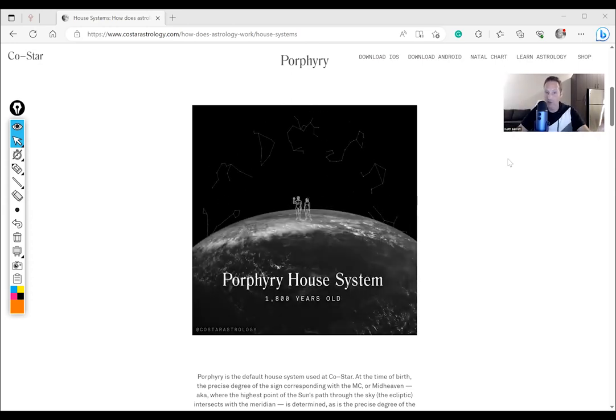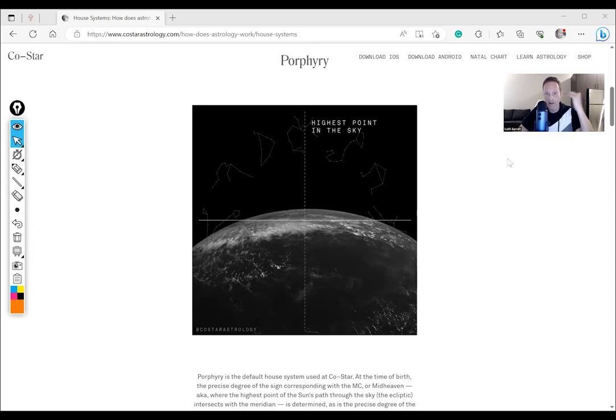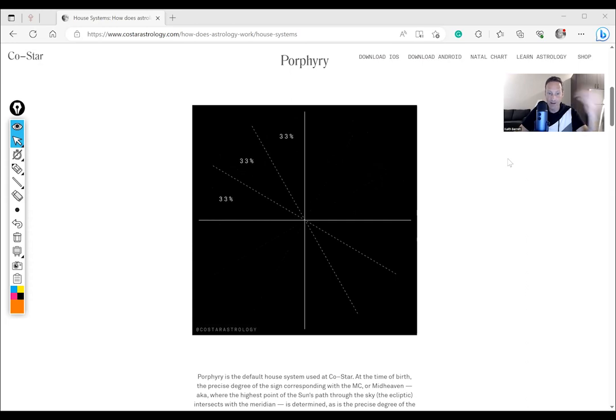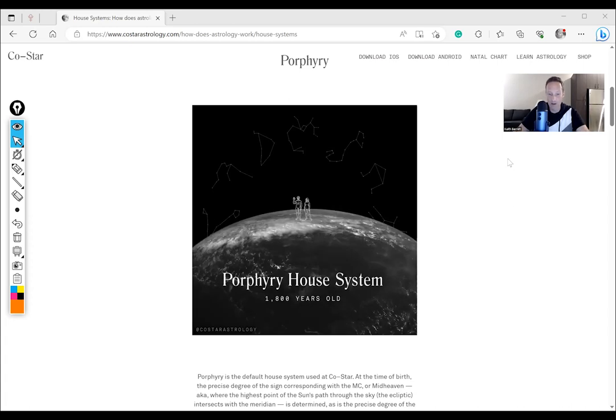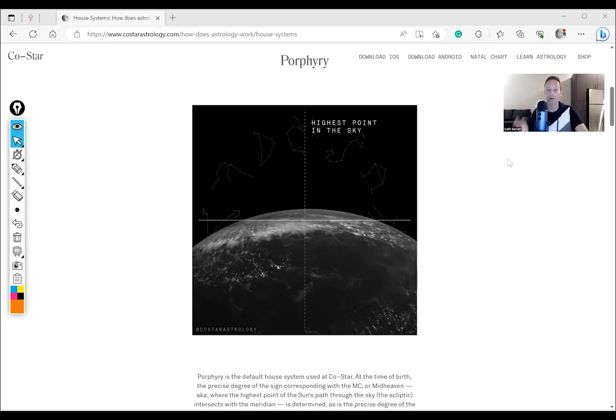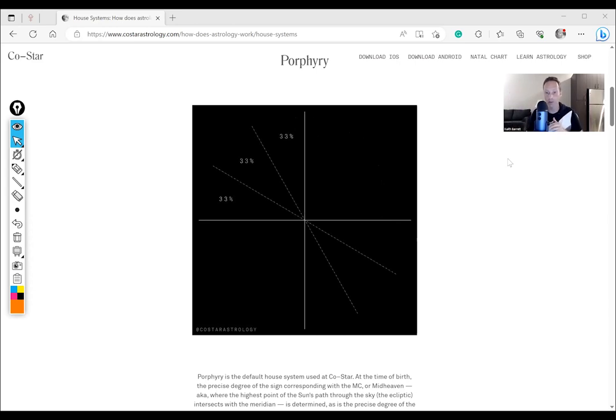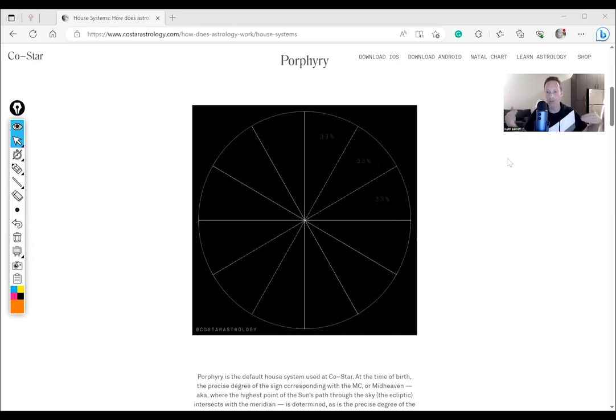As you see in this graphic on my screen, it's showing the horizon line, the highest point in the sky, and 33% is how it divides these sections or energies in the sky. This house system prioritizes the angles. It calculates off the angles, using the space in between and dividing it equally.